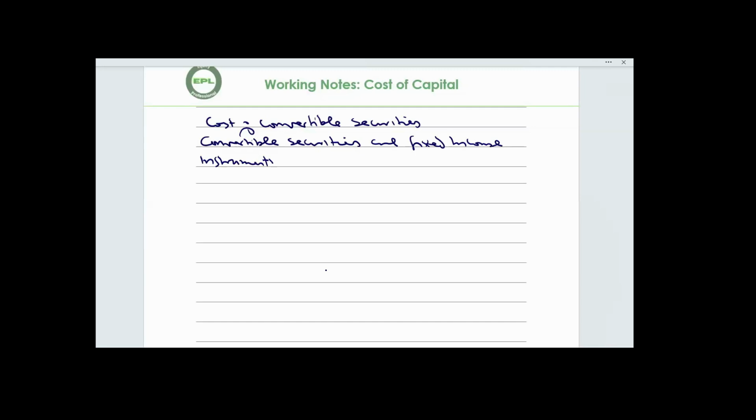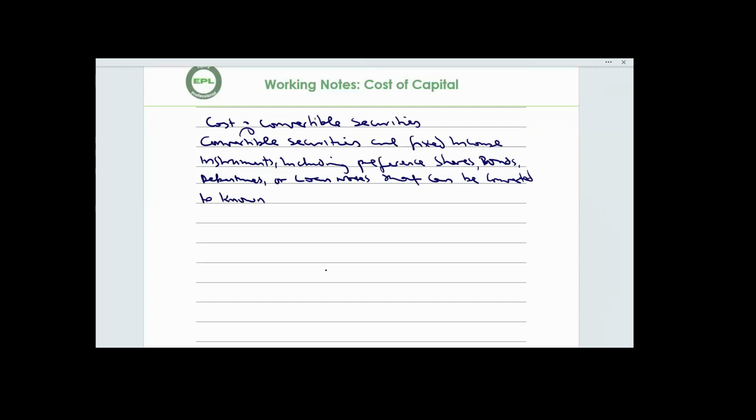including preference shares, bonds, debentures, or loan notes that can be converted to a known number of ordinary shares at a specified future date.